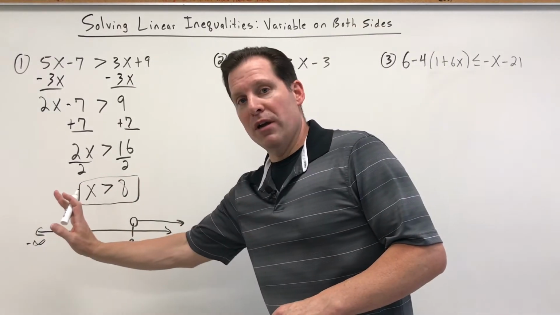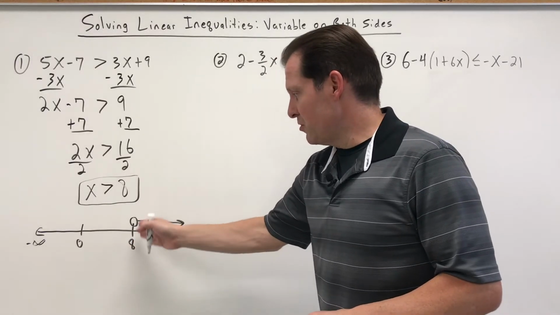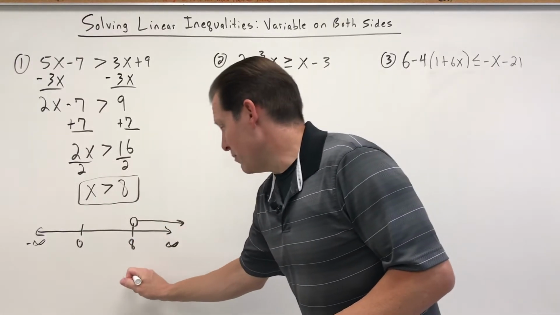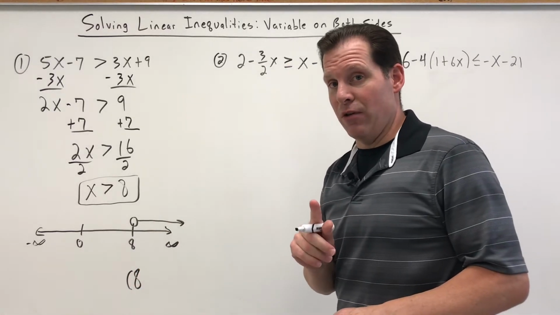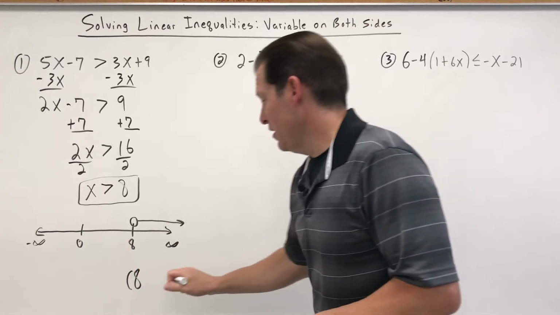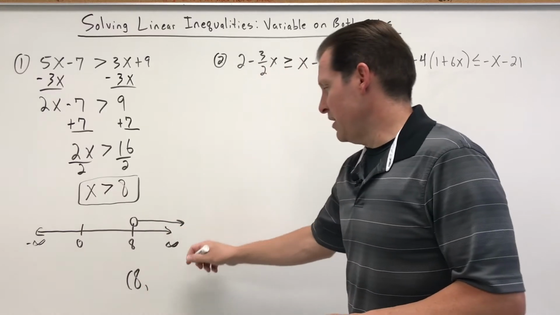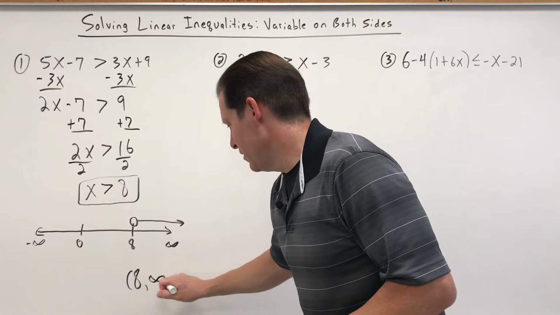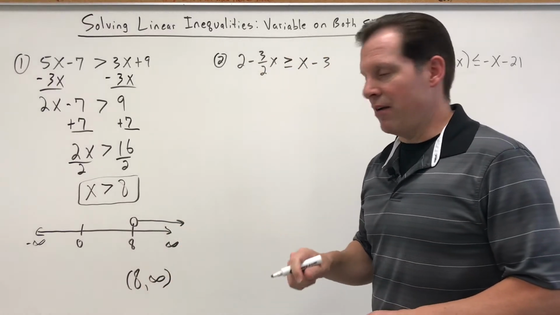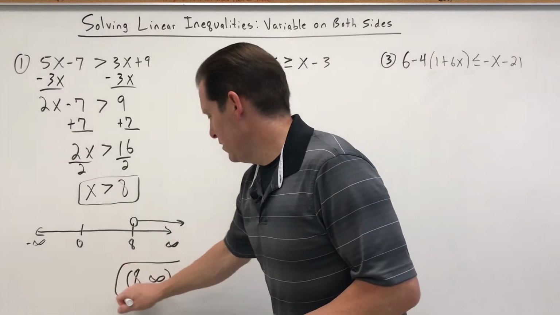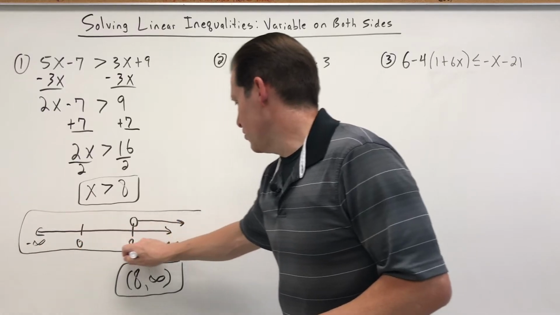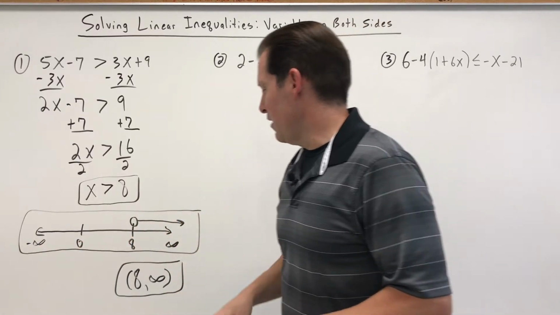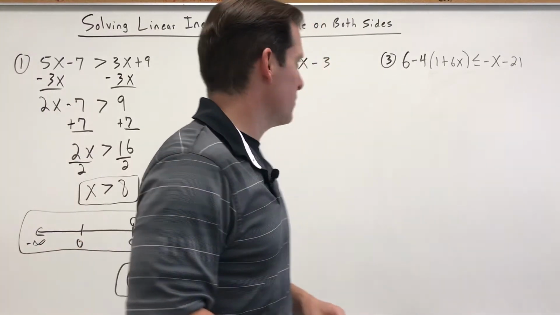So you're starting all the way on the left till you first get to your number with your solution, which is 8, and it's going to be a parenthesis, because remember, a parenthesis means you're not including the value, a bracket means you're including the value, and it's going all the way to the right, to infinity, and of course we put parentheses around the infinities. So you have your inequality, you have your number line, and then of course you have your interval notation.